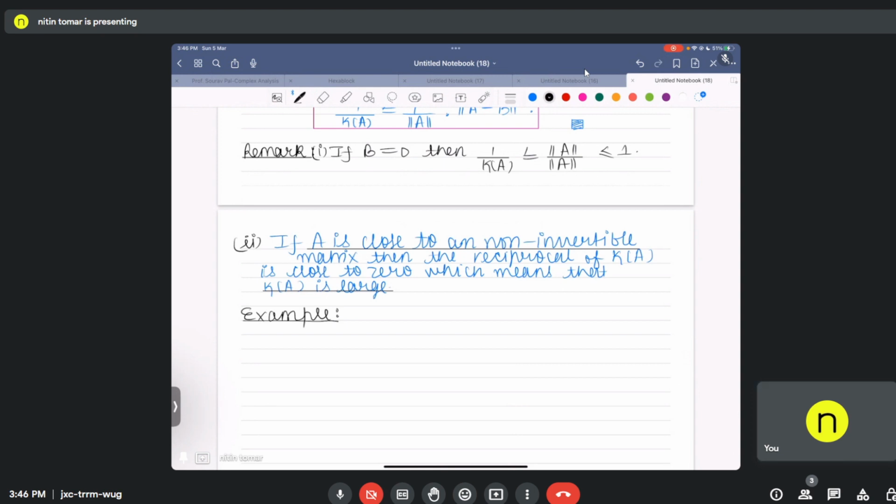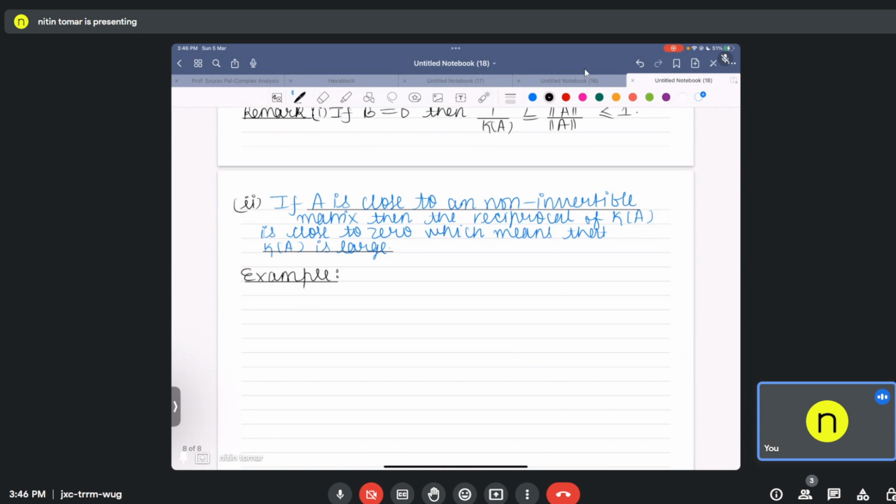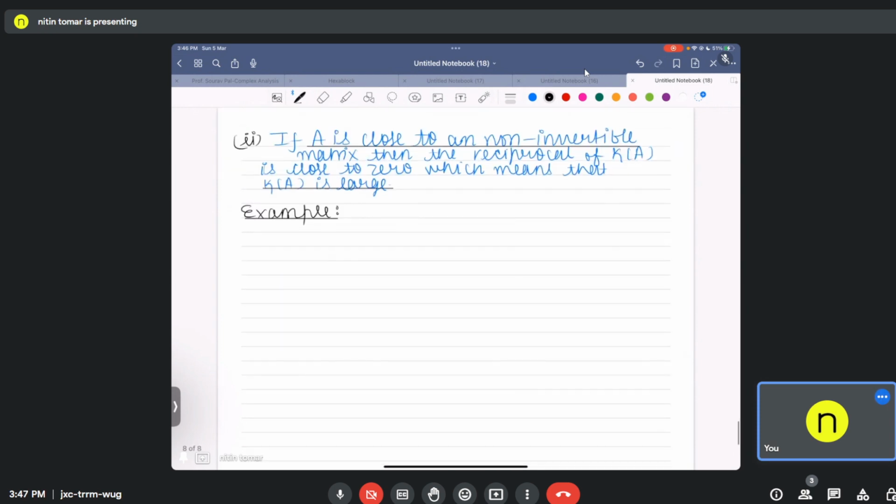Sir, question is how close? Yes, what do we mean by closeness? I will explain. Closeness is not something mathematical, right? This is just layman's language, which I will cover by illustrating this example. So this matrix, what can you say about it? Is it invertible?